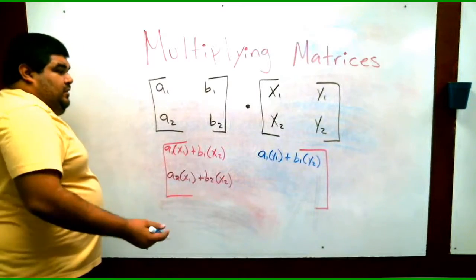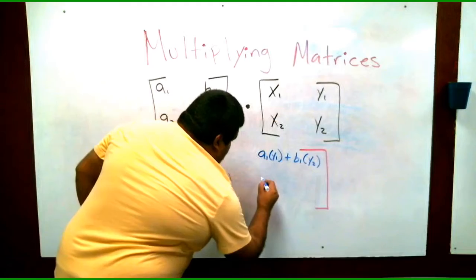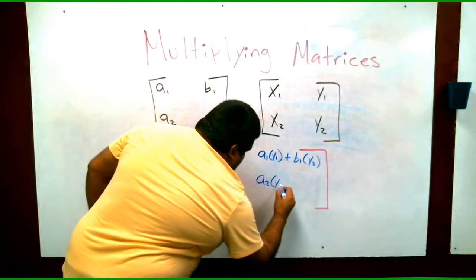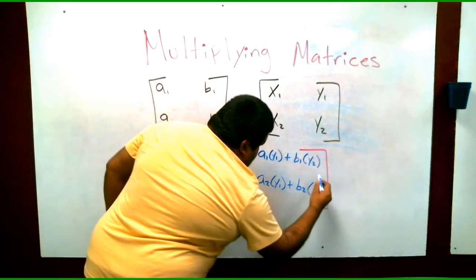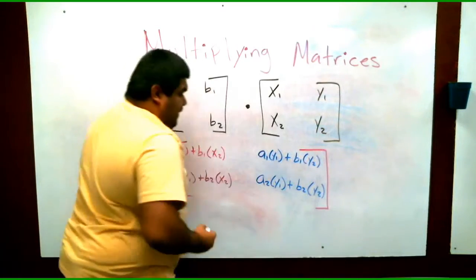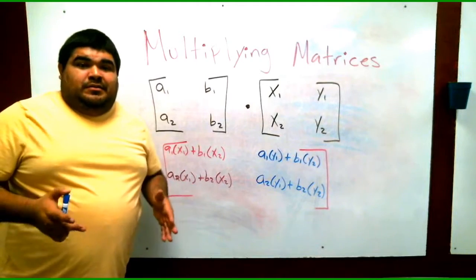And then finally, we have A2 times Y1 plus B2 times Y2.